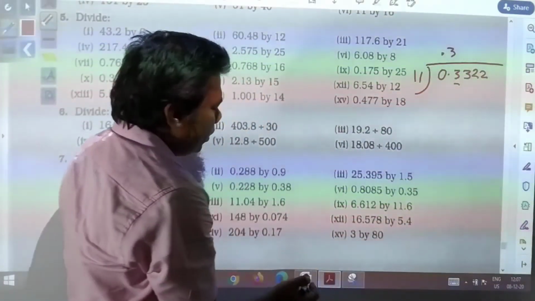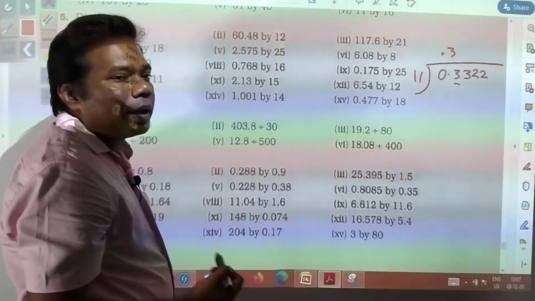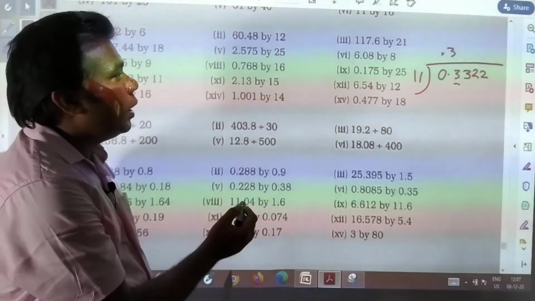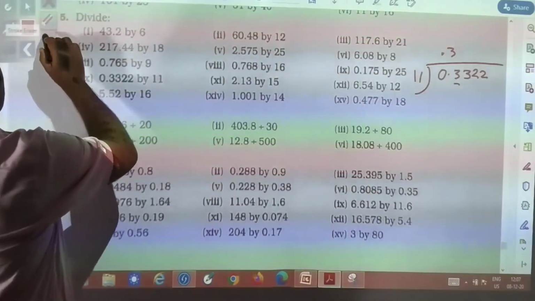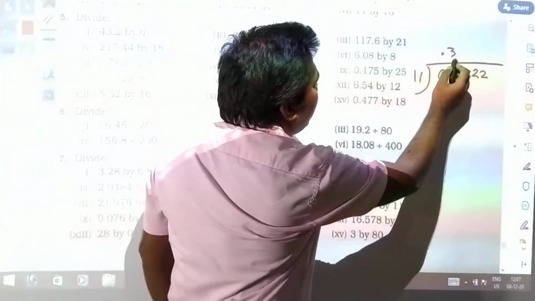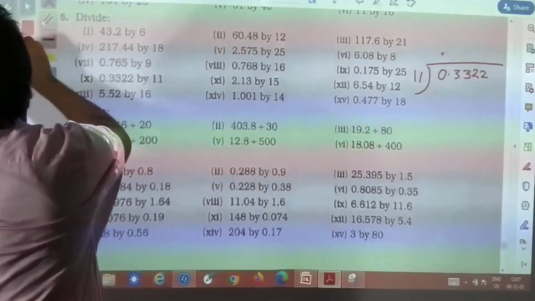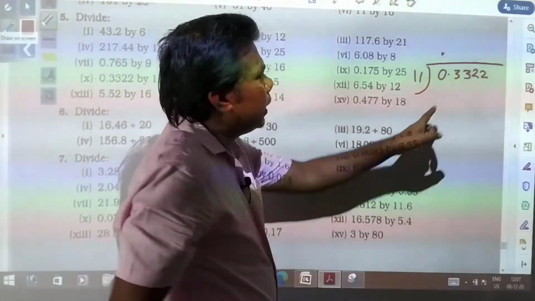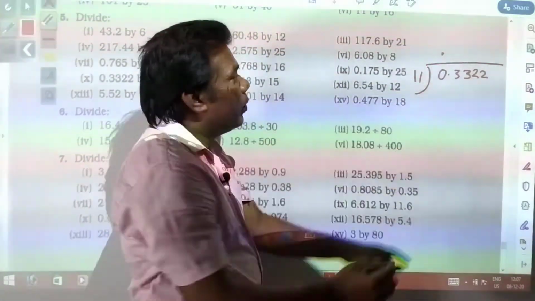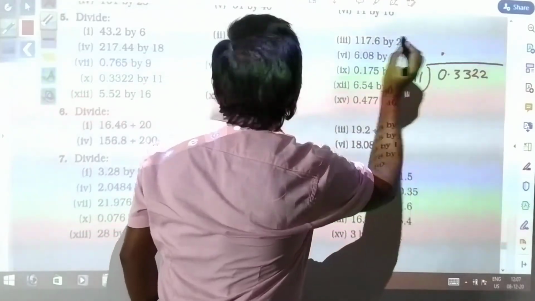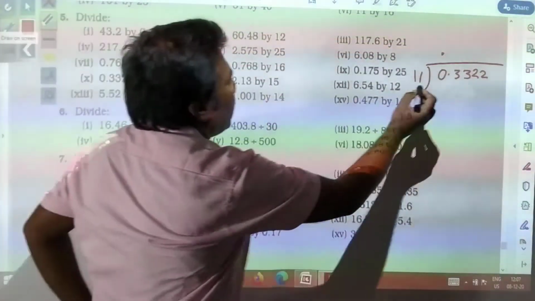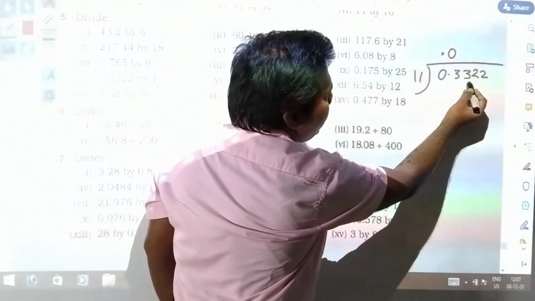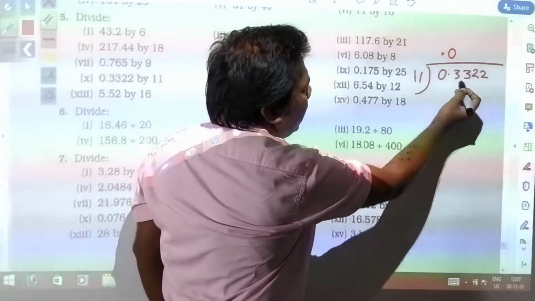But before that here you see first digit. After decimal when you are taking, we need to see first digit. After decimal we have 3, so that will not be divisible by 11 because that is smaller, and that's why we need to put 0 over here, and then 2 digit we will take. So now it became 33.